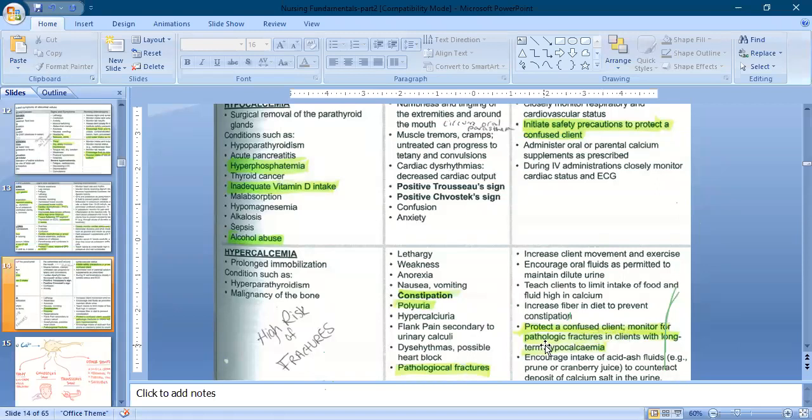Monitor for pathological fracture in the client with long-term hypercalcemia. Also encourage intake of acid ash fluid, like cranberry juice. So these are the interventions we have to take for the patient in case of hypercalcemia.